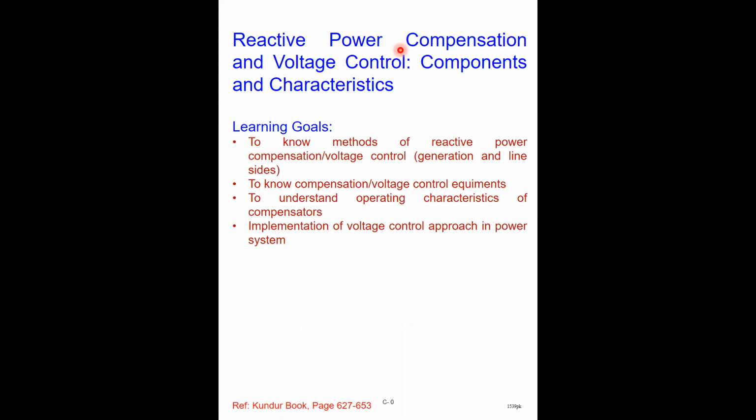So the same way, because the frequency variable in the system depends upon the active power balance between the generation and the load demand, same way the voltage quantity in the system depends upon the reactive power balance between the sources which are responsible for the reactive power generation and the loads which consume reactive power, or there are some other components which consume reactive power.